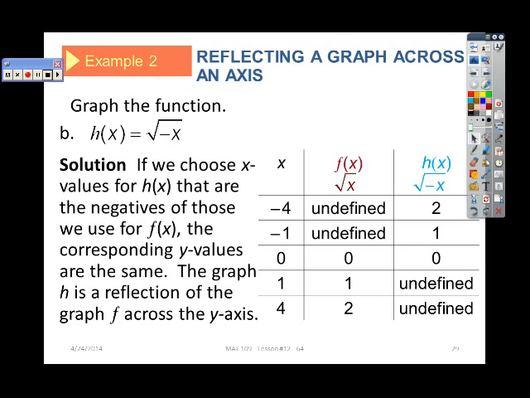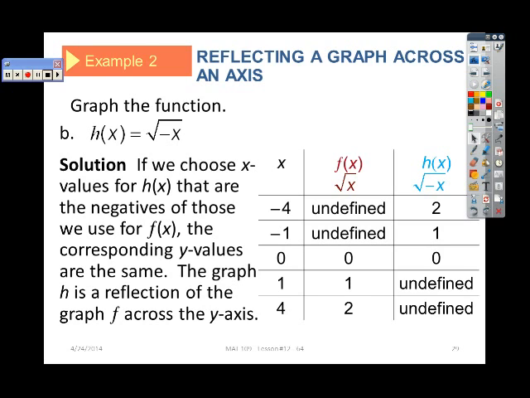If I put in -1, minus a -1 is 1, and the square root of 1 is 1, 0. But now if I put in a positive number, then I'm taking the square root of a negative number, and I can't do that. That's undefined. But it does exist, and you just have to be careful when you're calculating the outputs, that you don't calculate something that's undefined.